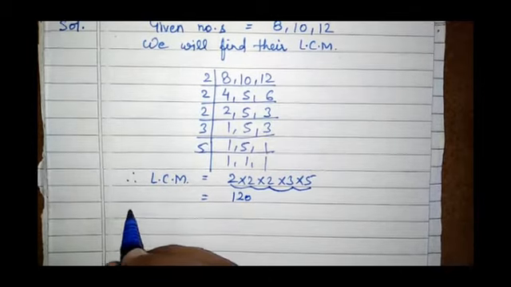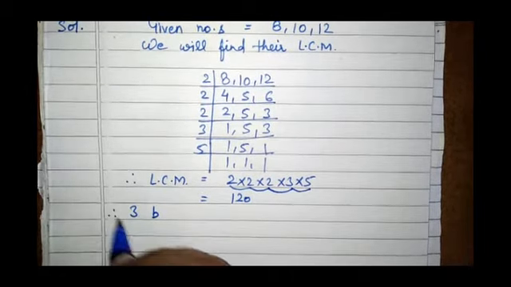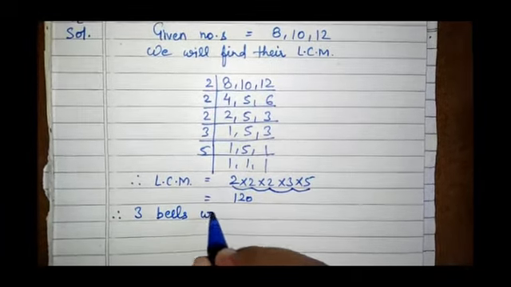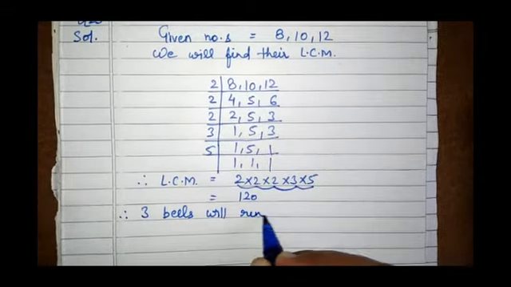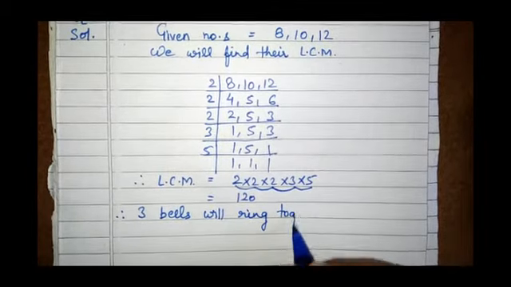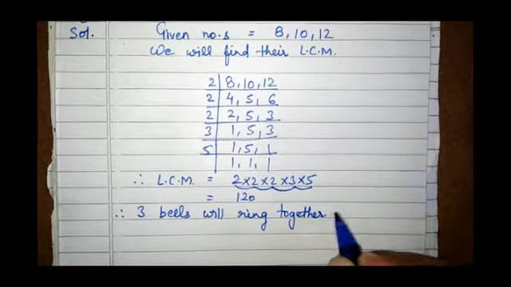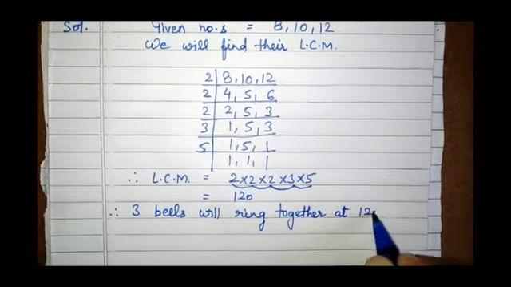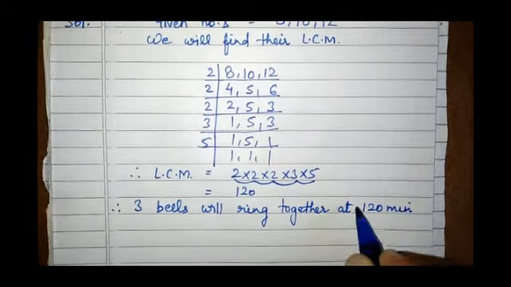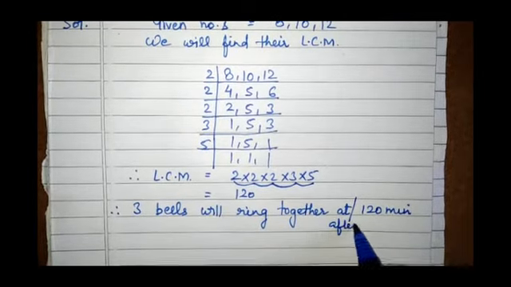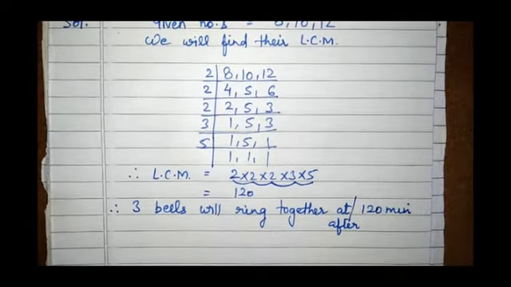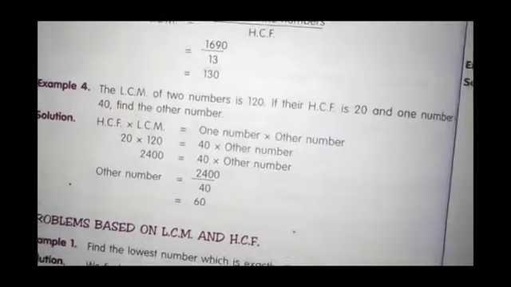That means the 3 bells will ring together at 120 minutes, or you can say after 120 minutes. Okay. Now the question is asking the time at which they will ring.